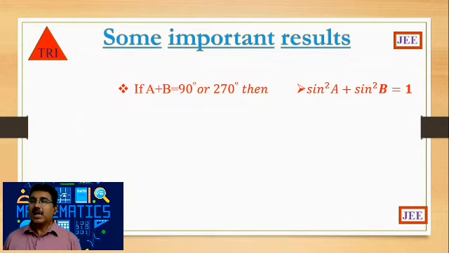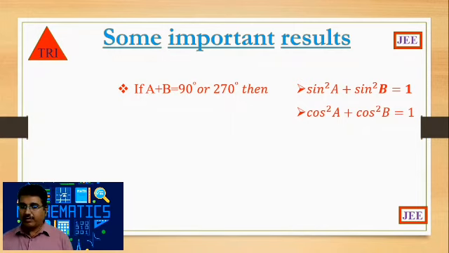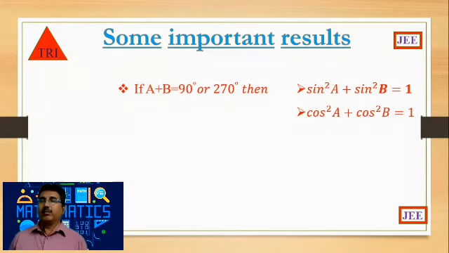Similarly, cos square A plus cos square B is also equal to 1. Now, tan A into tan B. What is the value of tan A into tan B? In general, tan A into cot A is equal to 1.